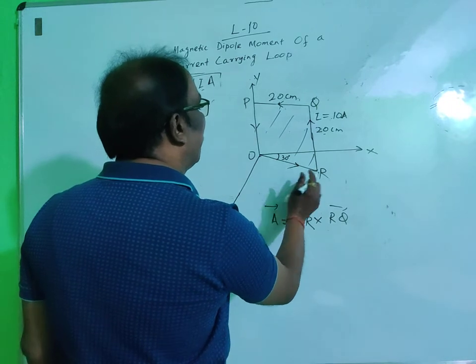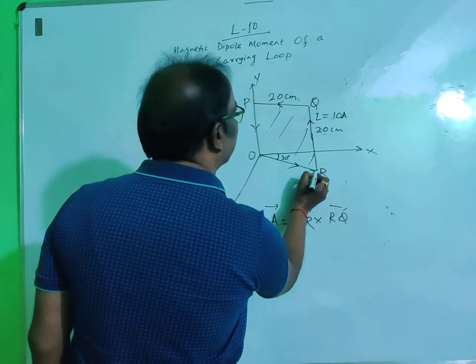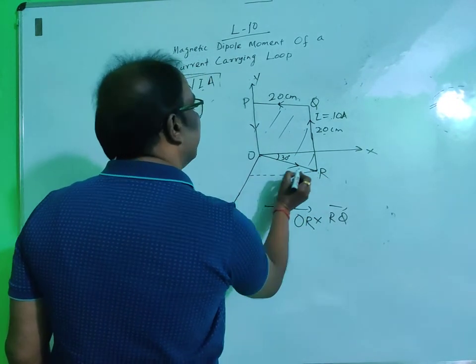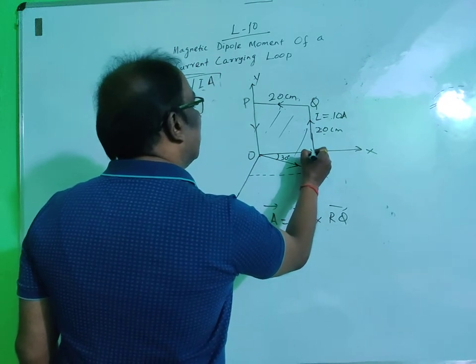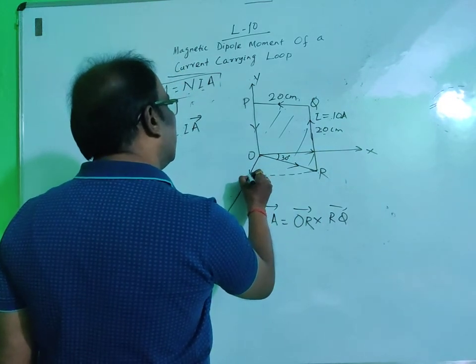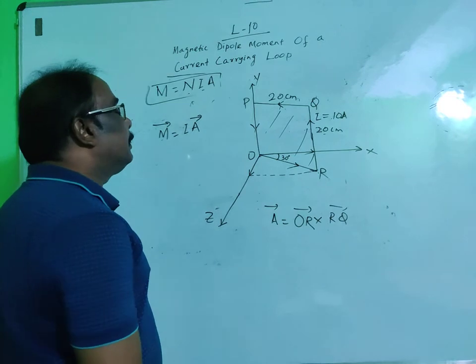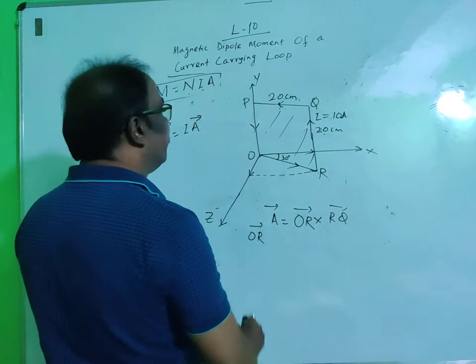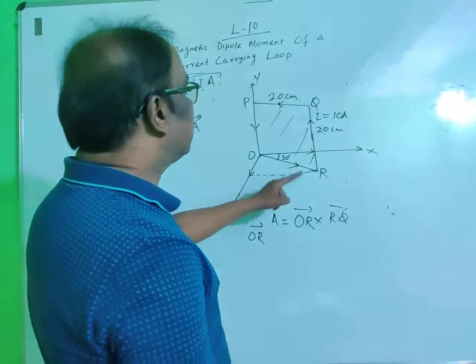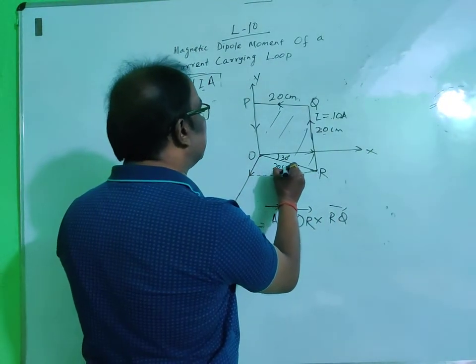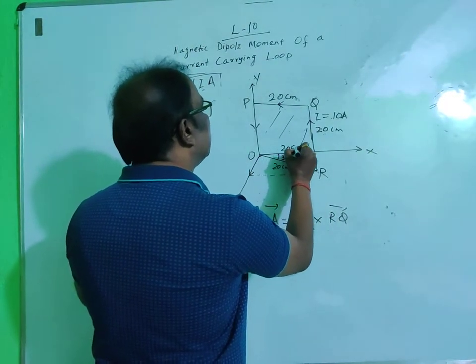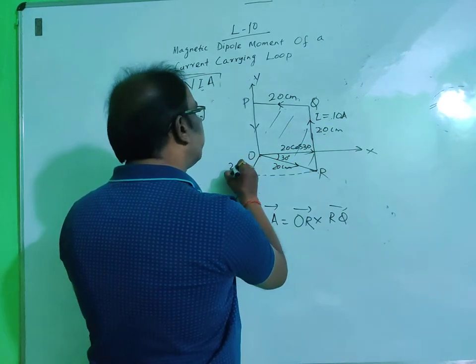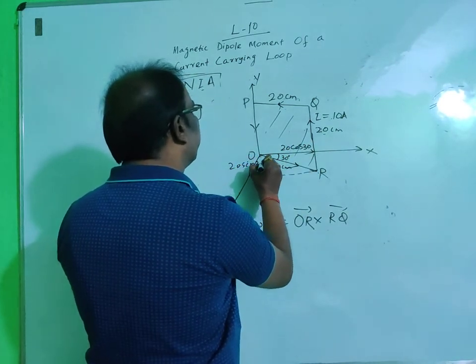How can you get OR? Resolve OR. This is one rectangular component and this is the other rectangular component. OR may be written as, see, this side is also 20 centimeter, so this is 20 cos 30 and this is 20 sin 30.